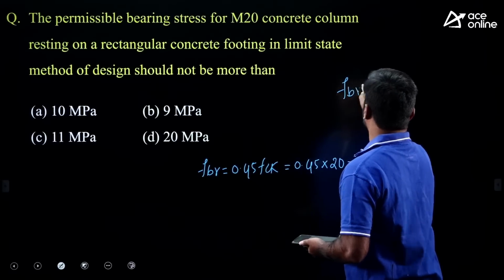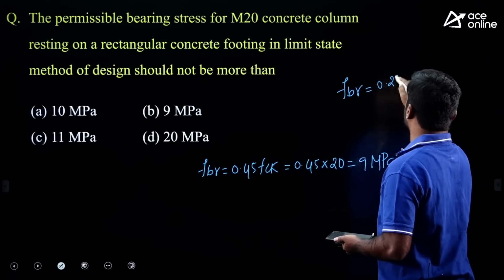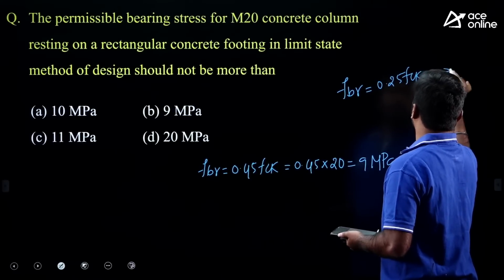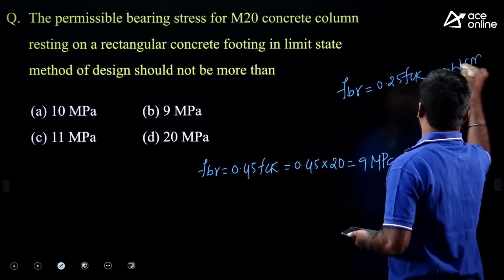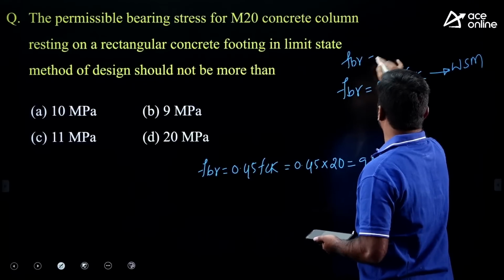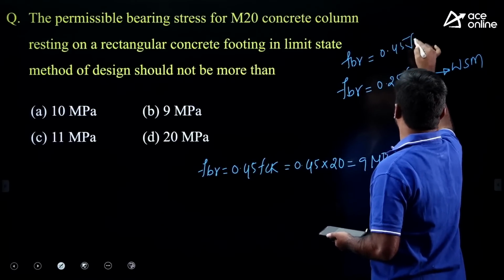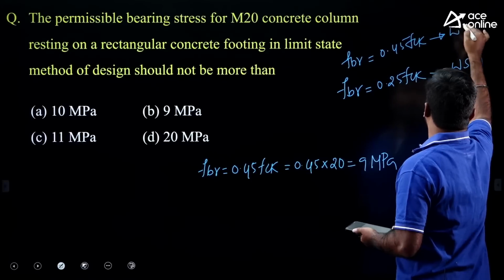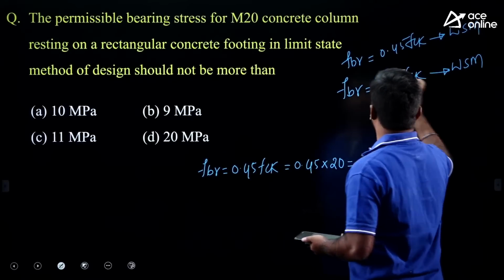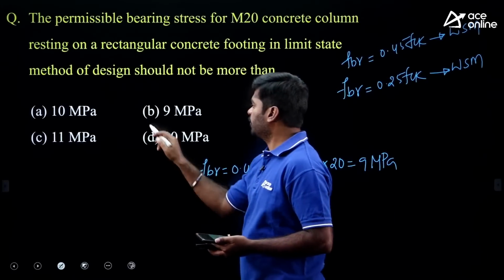Suppose if the question is asked in working stress method, then it is 0.25 FCK. In working stress method, permissible bearing stress is 0.25 FCK, in limit state method 0.45 FCK.